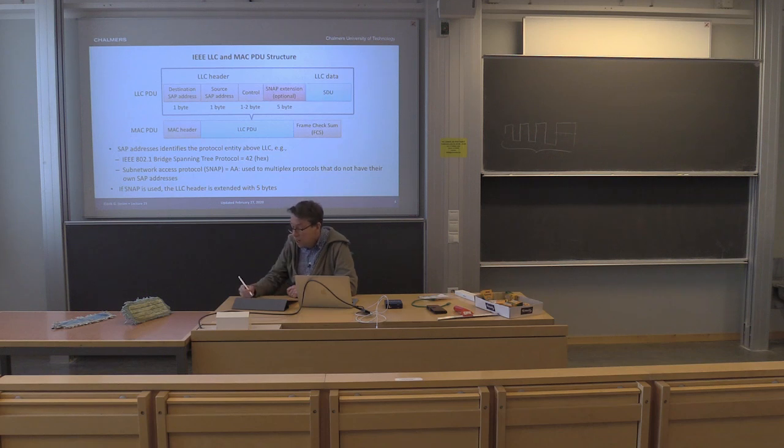So if this is the IP packet, then this has to be less than 1492 bytes if we use IEEE 802.3. Okay, so that's the maximum IP packet we can use if we use IEEE.